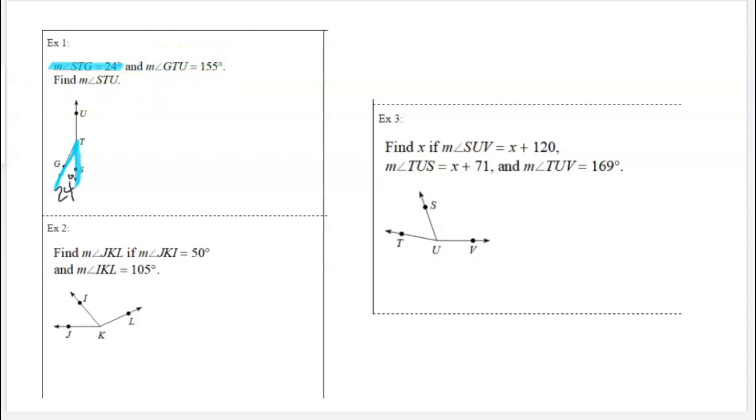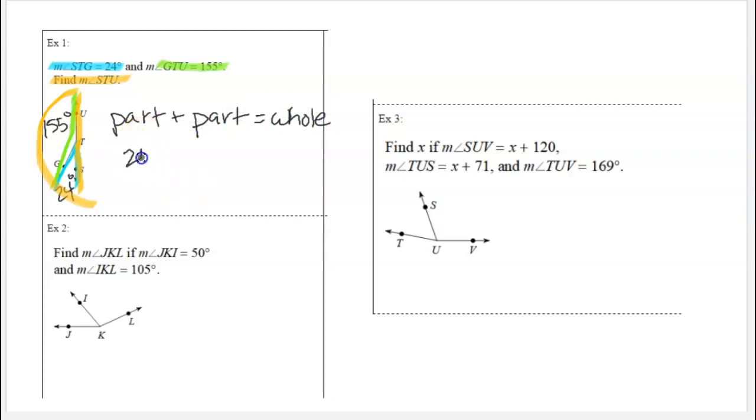GTU is 155. Label that. And I'm asked to find the measure of angle STU. STU appears to be the whole entire angle that I am looking for. So recall on the last slide we had talked about part plus part equals whole.